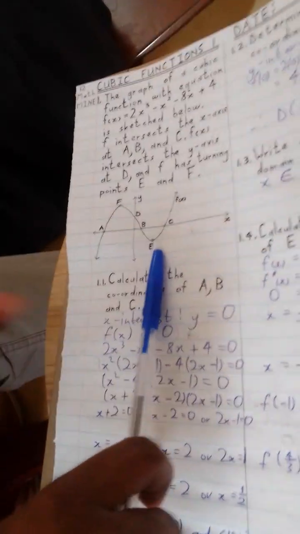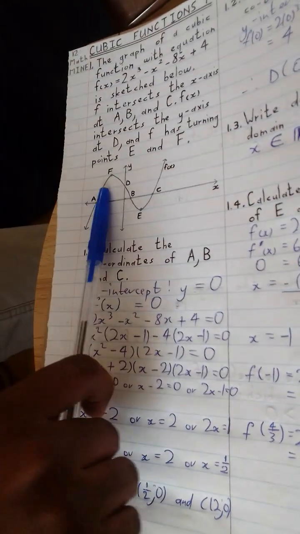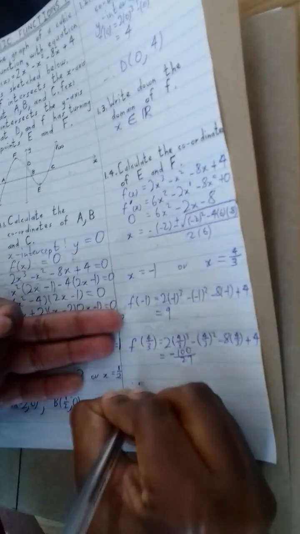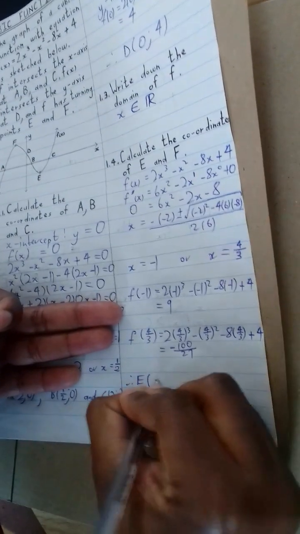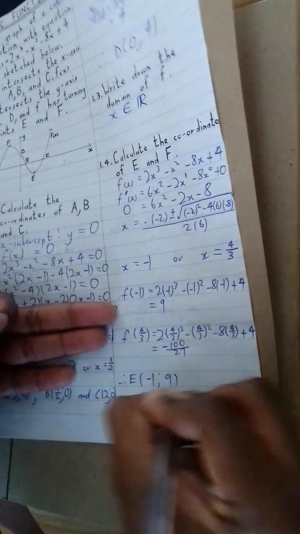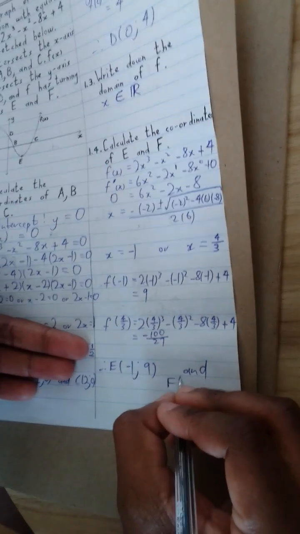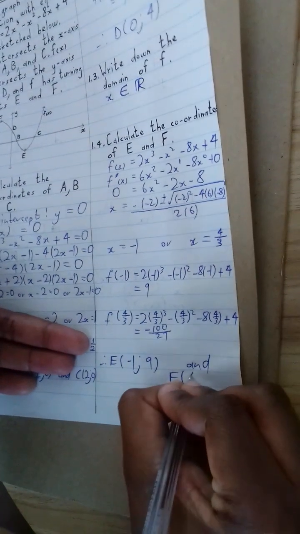So F is in the second quadrant, E is in the fourth quadrant. Second quadrant, X is negative and Y is positive. So here X is negative, Y is positive. F is the other one. X is positive and Y is negative.